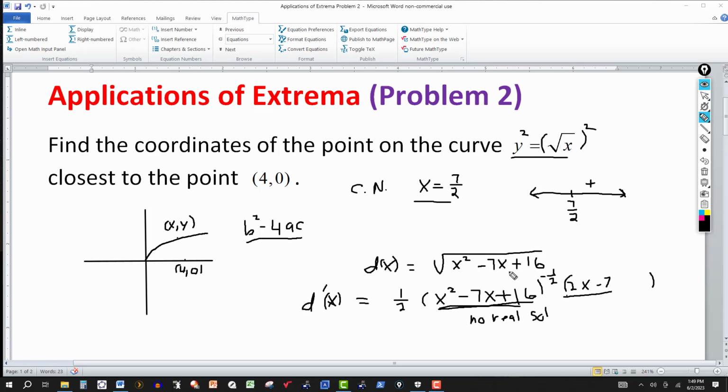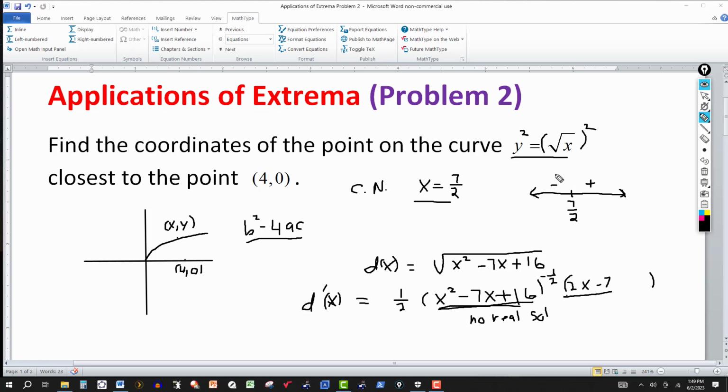To the left, pick a number less than 7/2, say 3. Put a 3 here for x in the 2x minus 7. This will give me a negative, but this expression over here will give me a positive. So this is going to be negative.